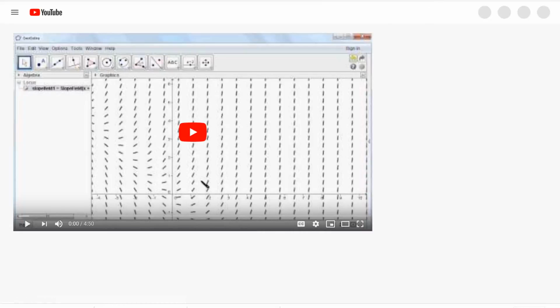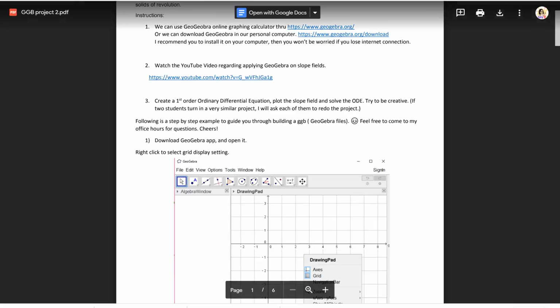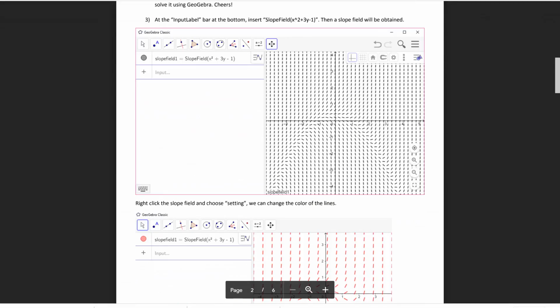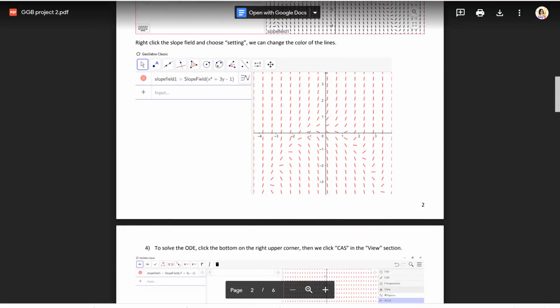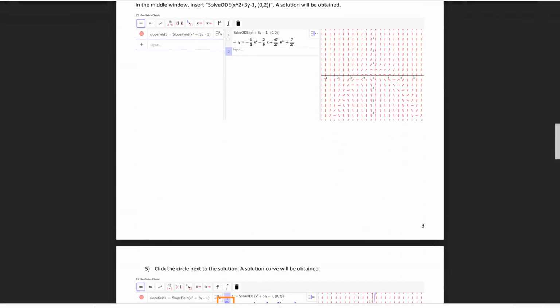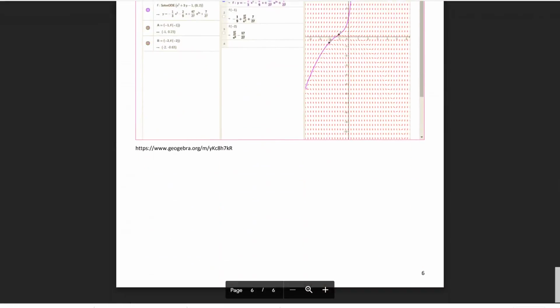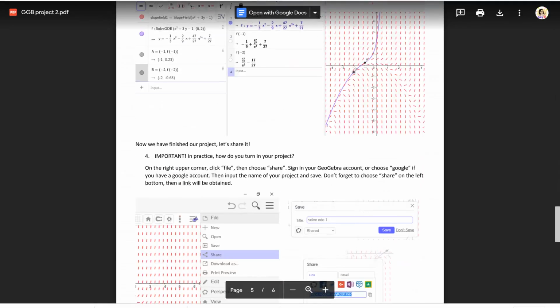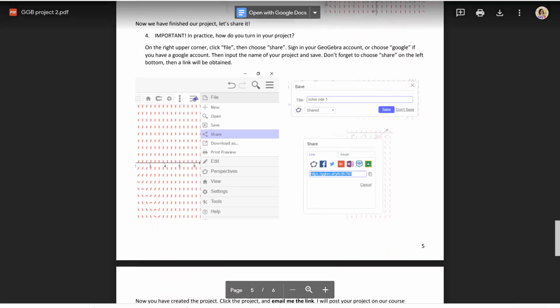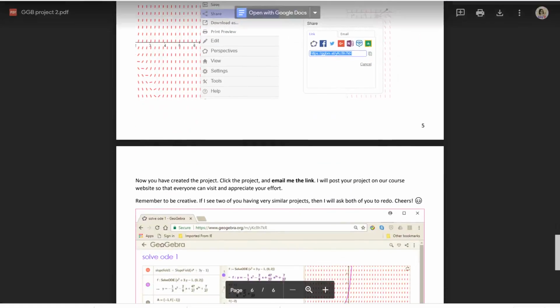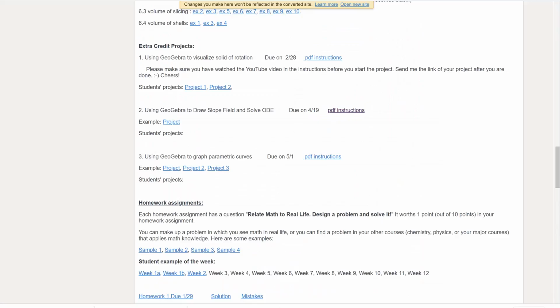And so after you finish the video, I also give you a step-by-step screen shot, okay? So you can follow the screenshot and then plug in the functions. And at the end, when you are done, you can click share and then share to public, and you will get a link. So email me that link, okay? And then I can post your projects on our website.